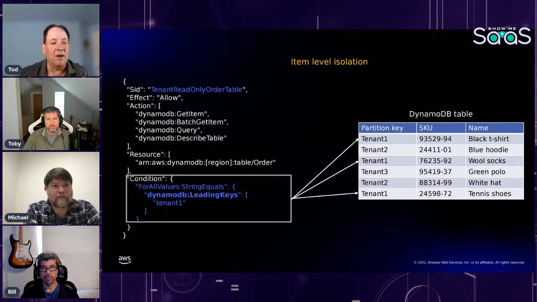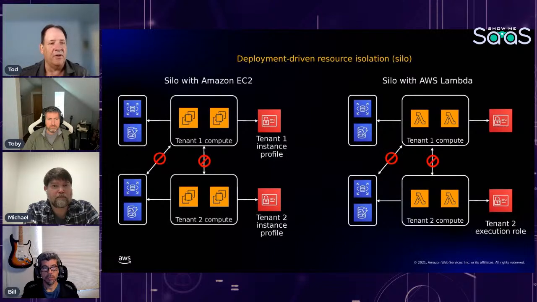But okay, if we talk about that dimension of the problem, like full stack, silo, resource, and item, there's also another layer to this discussion of isolation, which is more related to when the isolation is applied. I started with what I called deployment-driven resource isolation, which is to say that the moment a resource is deployed, we're attaching the isolation rules to it.